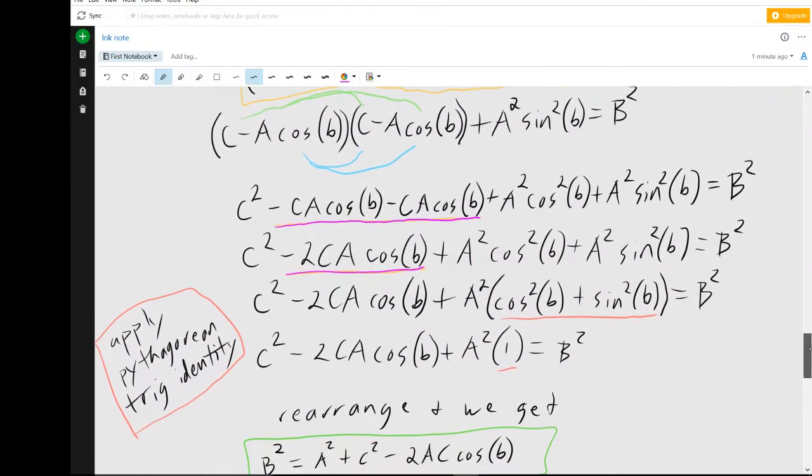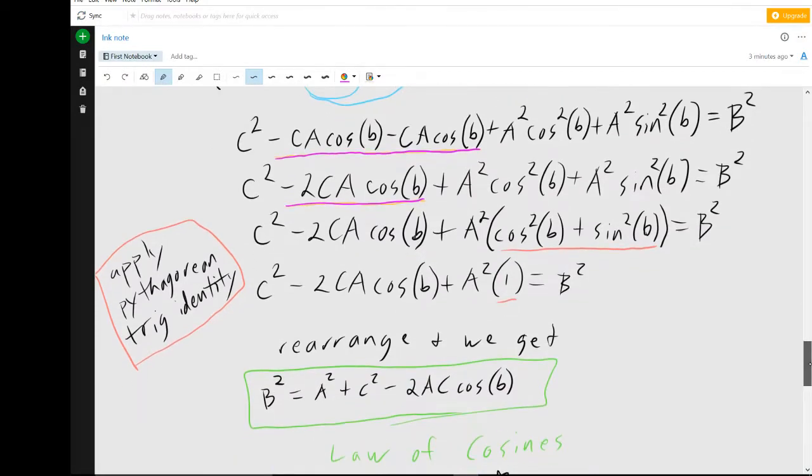Once we do so, we can combine like terms. I've underlined that portion in purple to demonstrate that that's happening in that step. And then we're going to perform the Pythagorean identity by pulling the a squared out of the two furthest right terms on the left side of the equation. Right? There's an a squared in both.